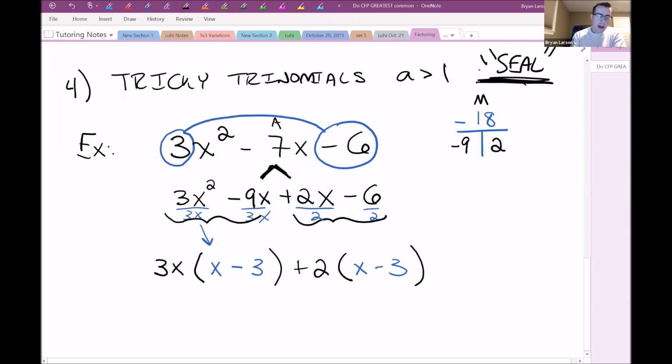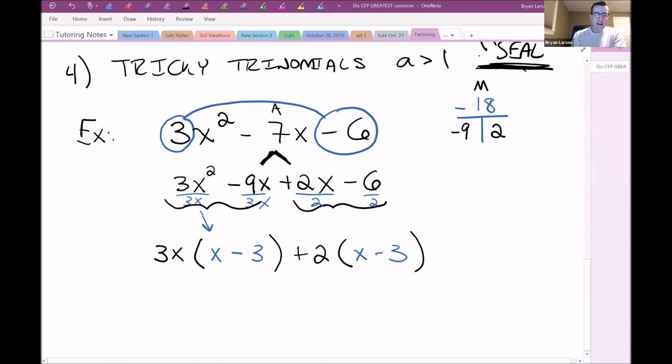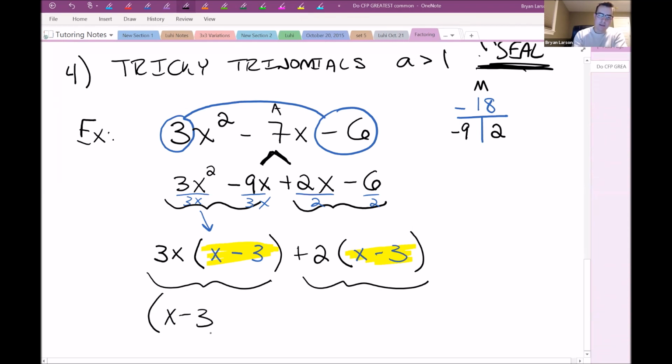And now, to finish this out, I'm going to factor out a GCF from this term and this term. What do they both have in common? Well, you can see both of these have x minus 3 in them. So I can pull that out. So x minus 3, that's going to be my GCF. And then what's left over?